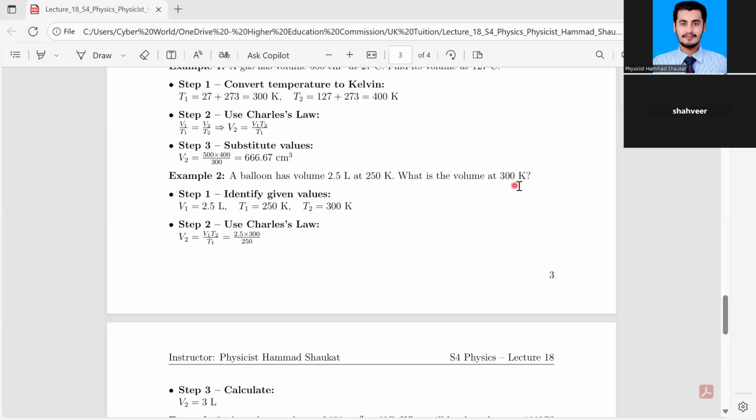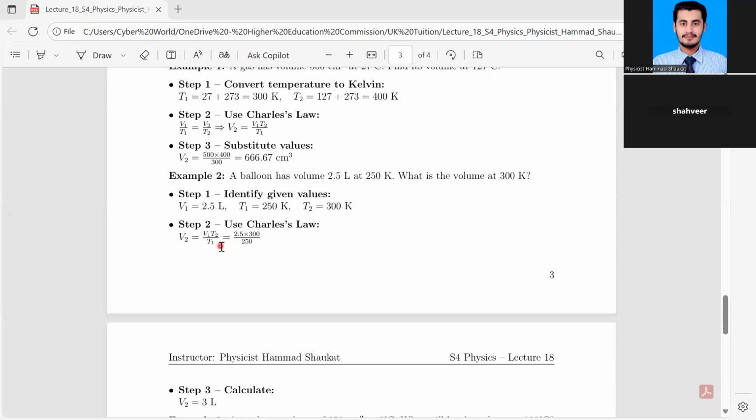It means T2 is also given, which is 300, and you have to find the final volume. It means you have to find V2. We have to use the same formula, the formula for Charles's law, which is V1 divided by T1 equals V2 divided by T2. And if we want to find V2, the expression becomes this.